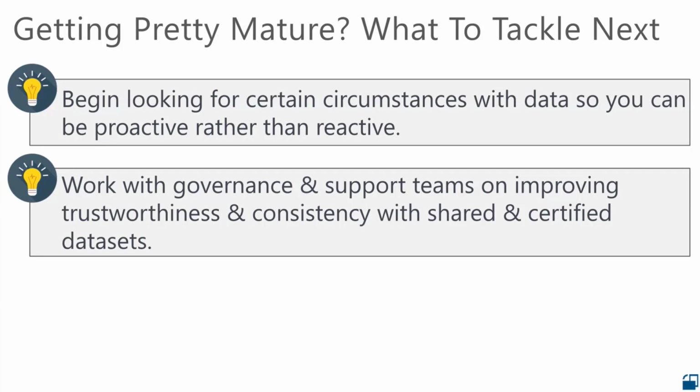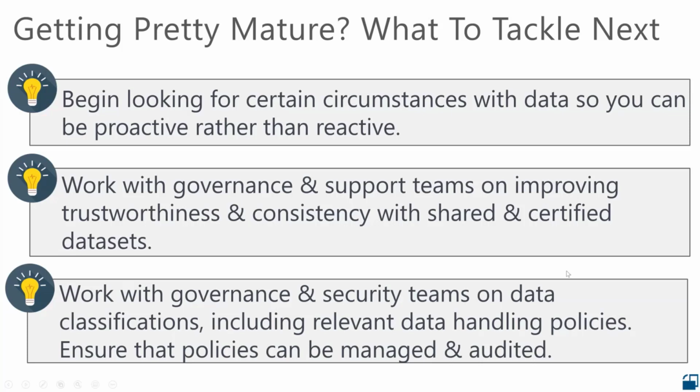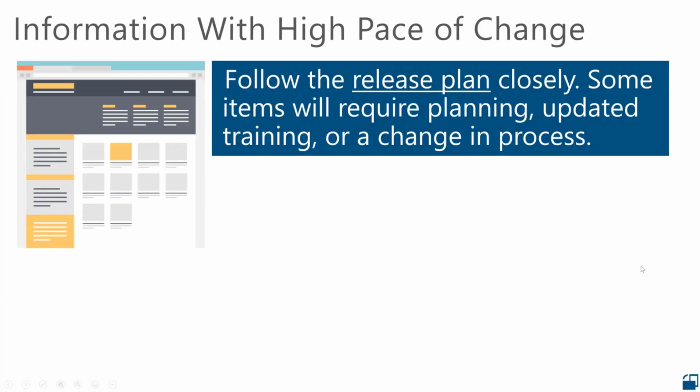That might involve working with a governance team and that sort of thing. And then think about things like data classifications, and your policies, if you have certain ones, how are they managed and how are they audited?